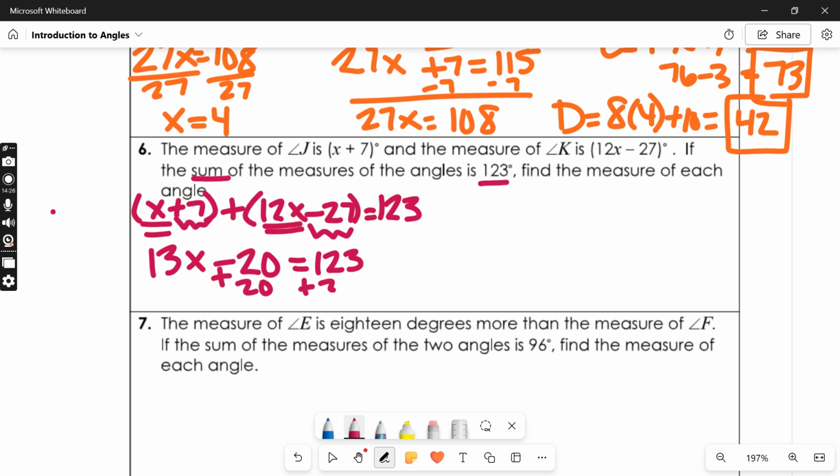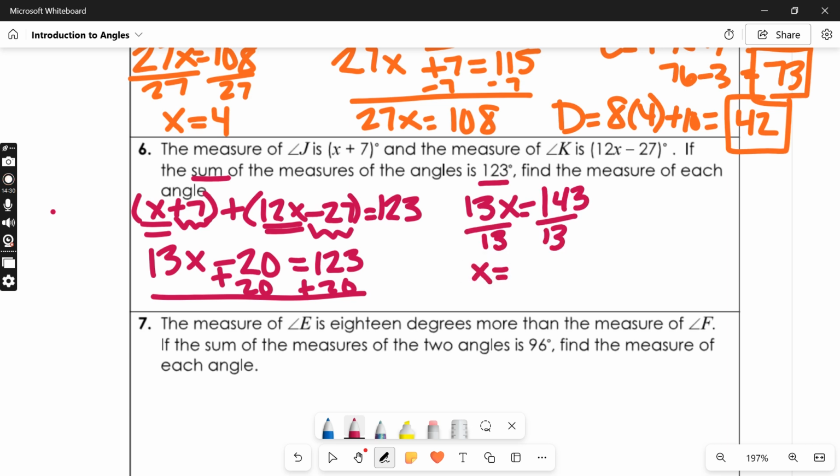Doing my inverse operations, I'm going to add 20 to both sides. So that gives me 13x is equal to 143. And then I'm going to divide both sides by 13. And when I do that, I get that x is equal to 11.